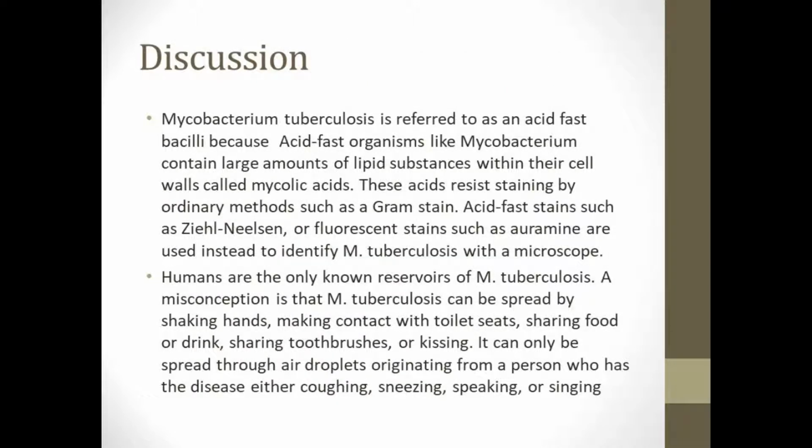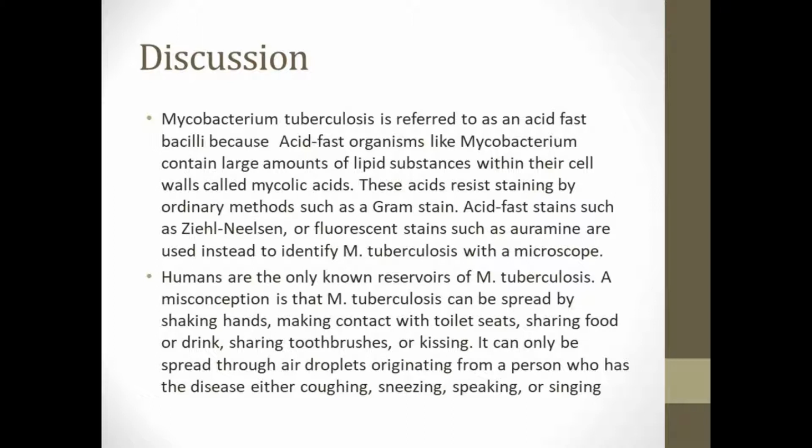For discussion, Mycobacterium tuberculosis is referred to as an acid-fast bacilli because acid-fast organisms like Mycobacterium contain a large amount of lipid substance within their cell wall called mycolic acid.